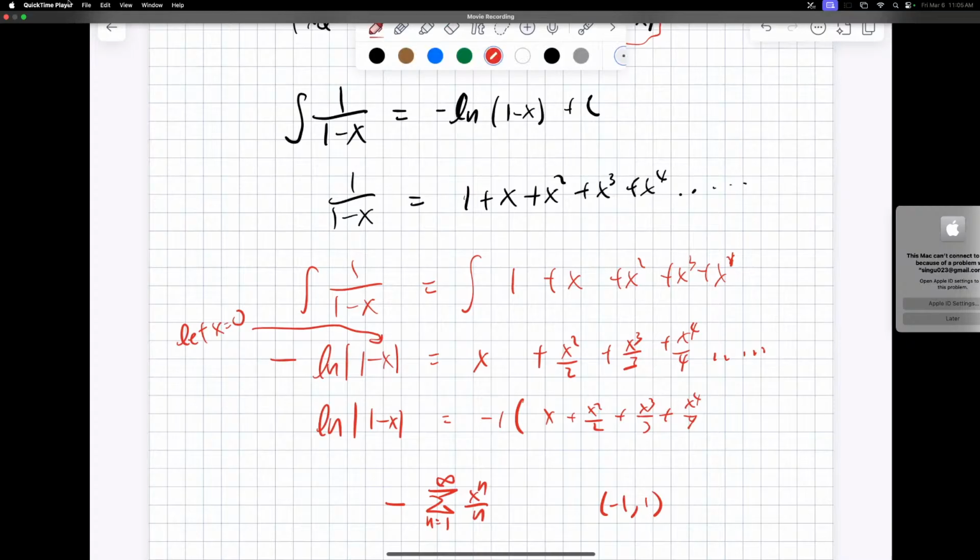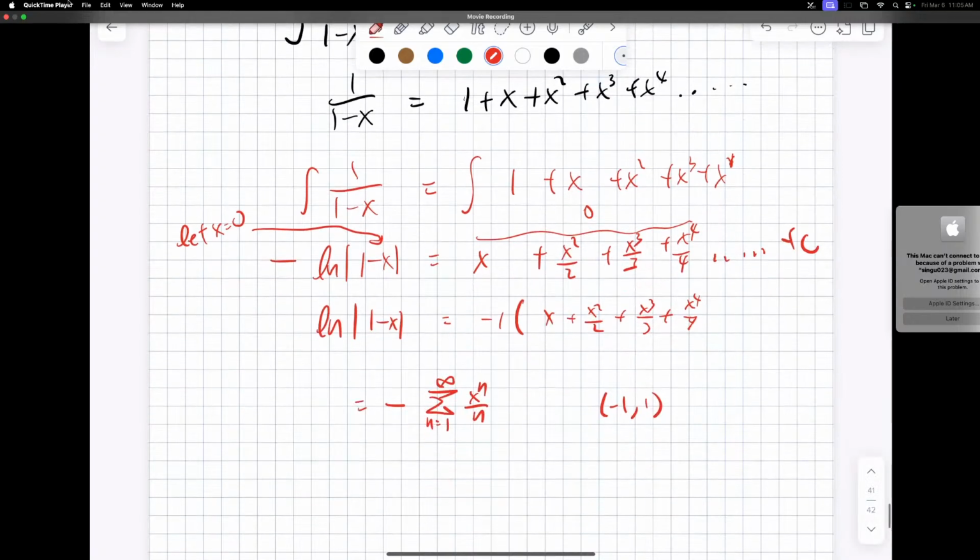It's natural log of 1, and this is plus c. Everything in the series is 0, so c must equal what? 0. There you go. So this is the power series of natural log of 1 minus x.